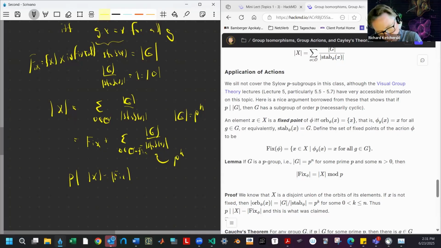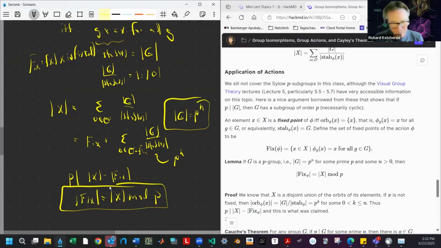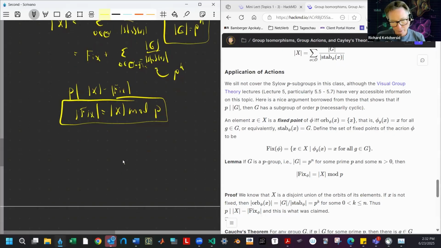If we want, we can write this as the size of Fix is equal to the size of X mod p. This is whenever G is a p-group, so when it has size p to the n. This is what we'll use in the proof.